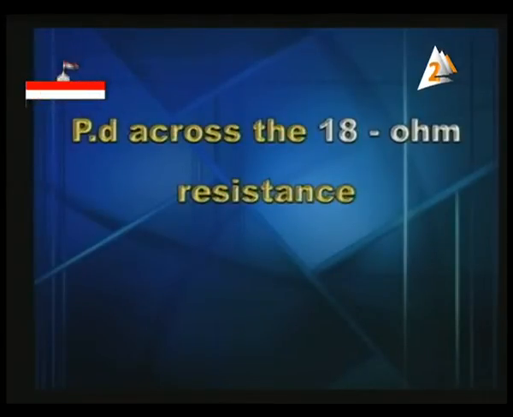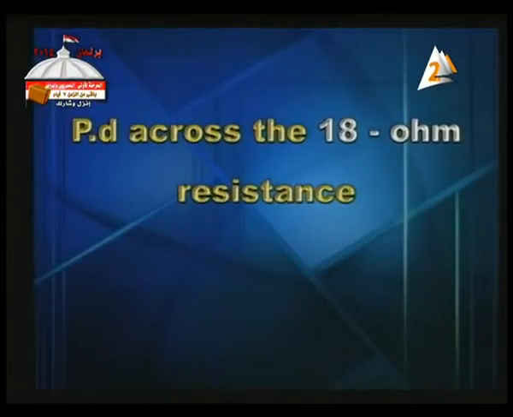Potential difference across the 18 ohm. Why do we want to calculate potential difference? Resistance and current are mentioned, so it's all easy to calculate potential. And when we calculate potential, the resistors which have the same potential are connected in parallel. So it will give us a picture of the way the resistors are connected.